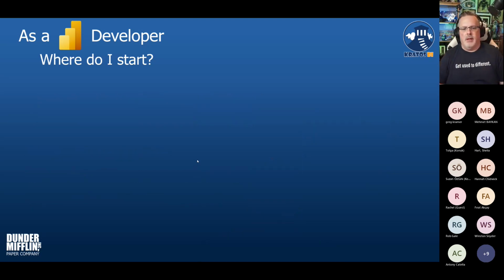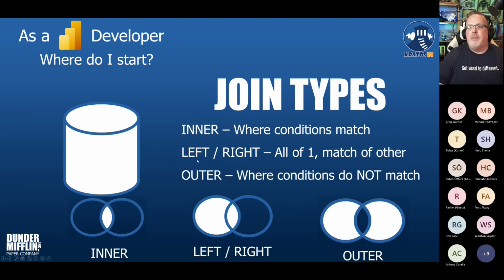Now, the next thing that is really big is, and this is where it becomes really transformative, is the ability to join different tables together using different join methods. Now, while there are a lot of different ones that are out there, the basics of your joins are almost all of them are going to be inner joins.